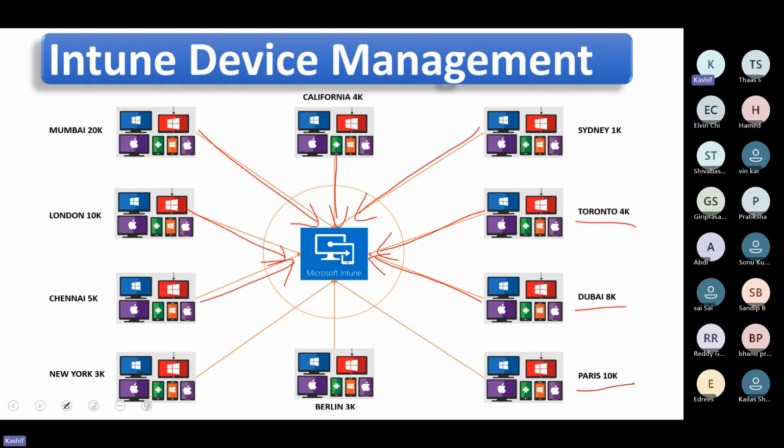Okay. Once the devices are enrolled into Intune, you can control these devices. So suppose you are in Mumbai and you would like to deploy a Google Chrome application on London devices, 10,000 London devices, you can do it from Mumbai itself, right? On all the 10,000 devices, you can deploy the application.